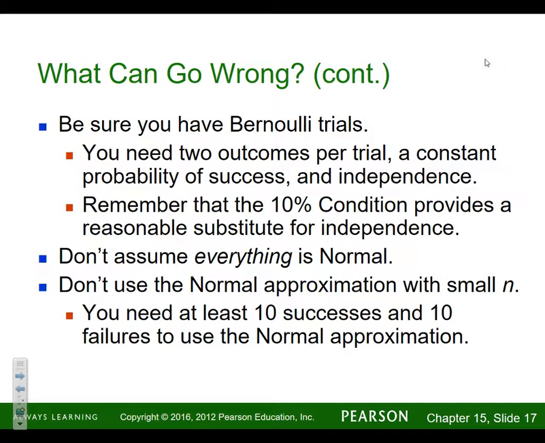They're independent. And how do I check for independence? The 10% rule, where we take 10 times our sample size and see if the population is larger than that. And then finally, all probabilities are fixed. So they should all have the same probability of happening.